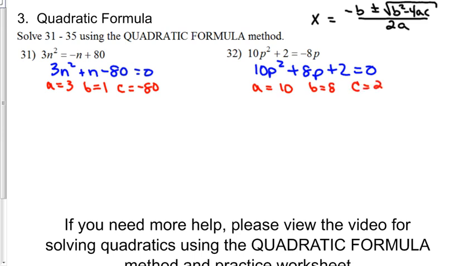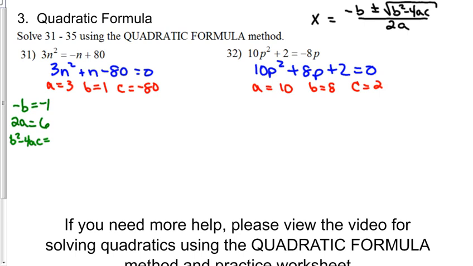All right, and then we'll focus on the three different parts of the quadratic formula: the opposite of b, the 2a, and then the b squared minus 4ac. And as you go through this unit, you see the b squared minus 4ac is the discriminant.